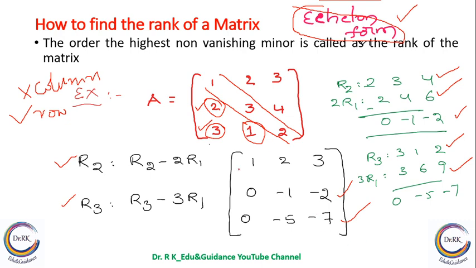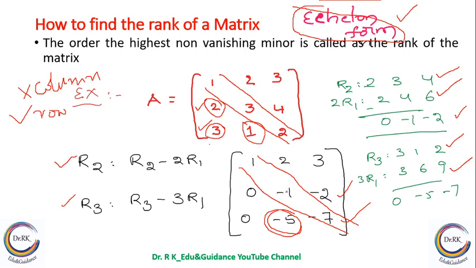Now whether to stop here or not: if you see here, these are the principal diagonal elements, and these two became 0. Now we have to make this 0. If I go for an operation with R1, then this becomes non-zero, which we don't want.